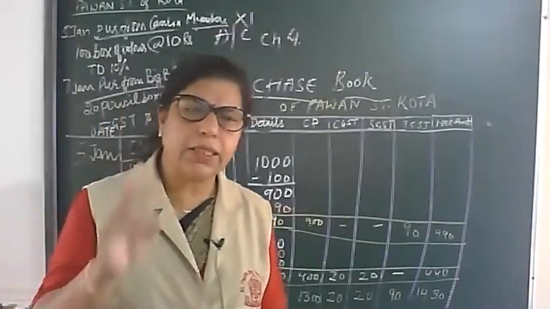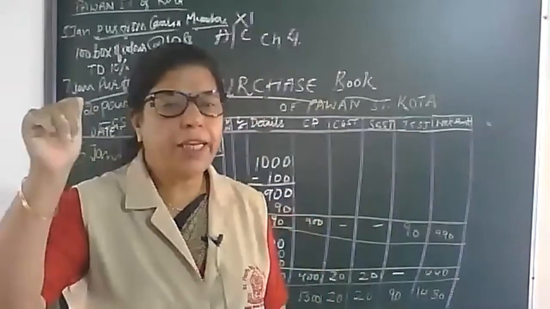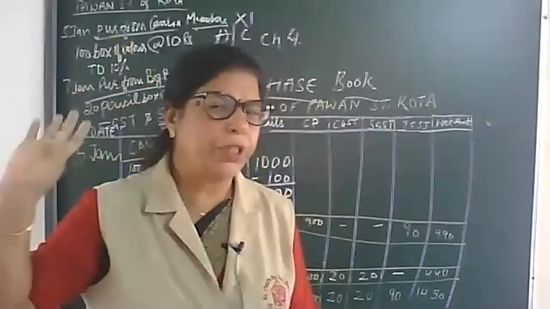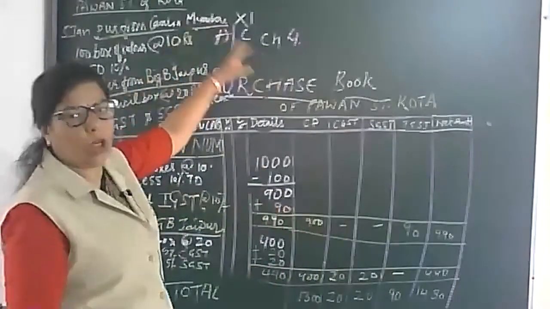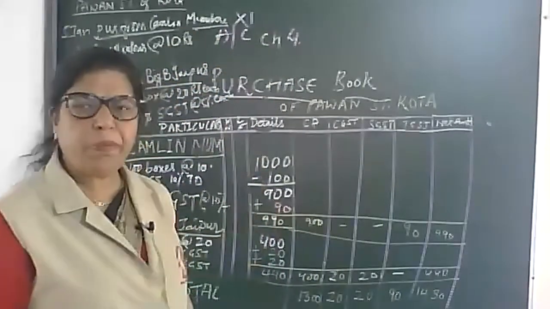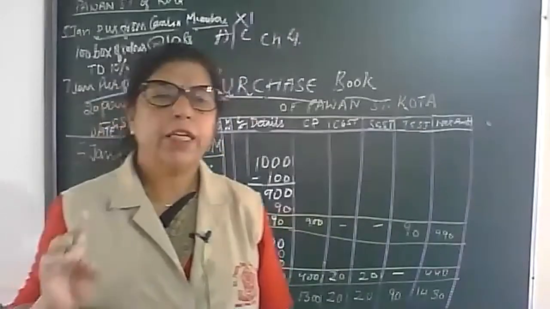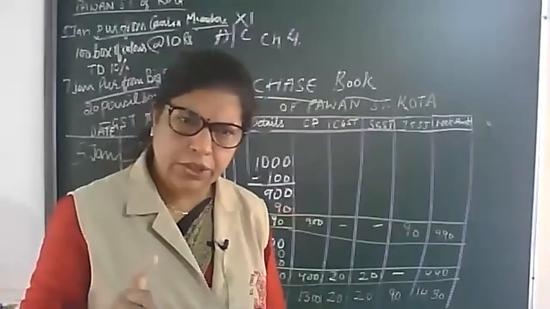Now the question: see, in the question, the rates of CGST, IGST, SGST, everything is given. Even the city names are also given. So don't be confused. Only keep one thing in your mind: if the states are going to change, then IGST.